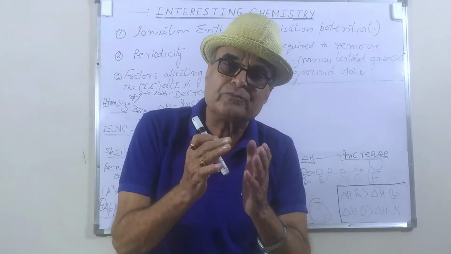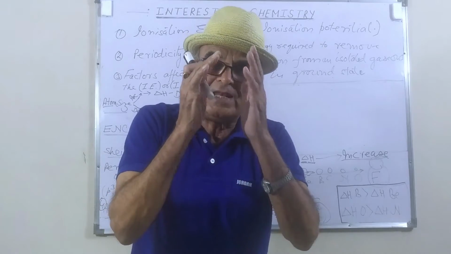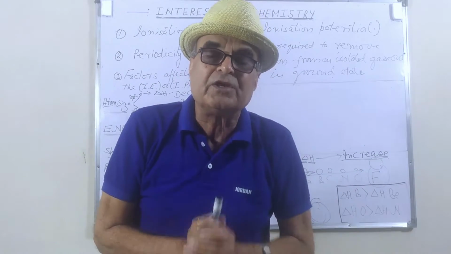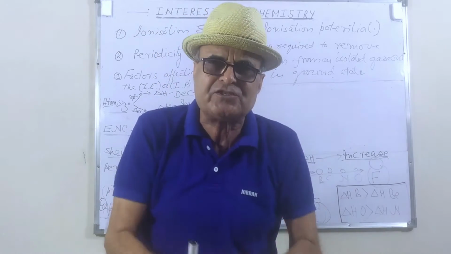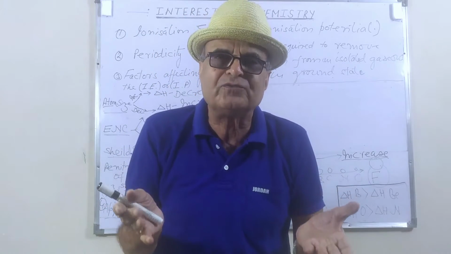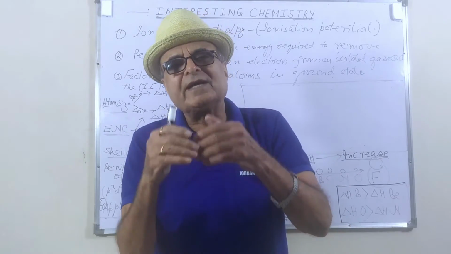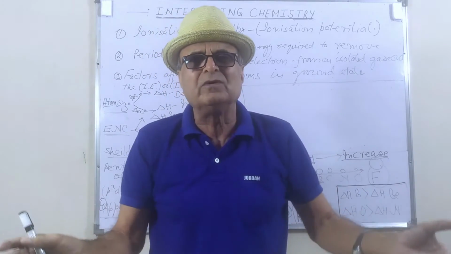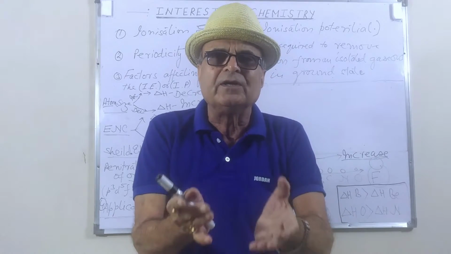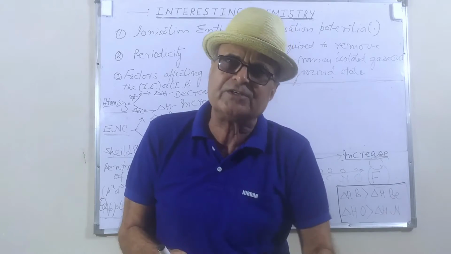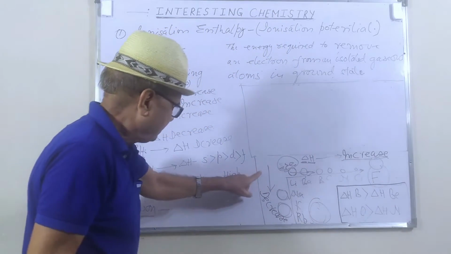Hence the valence shell electron, or the outermost electron, is attracted by the least attraction of the nucleus. So that electron can be easily removed from the atom by giving a small amount of energy. So delta H will decrease.